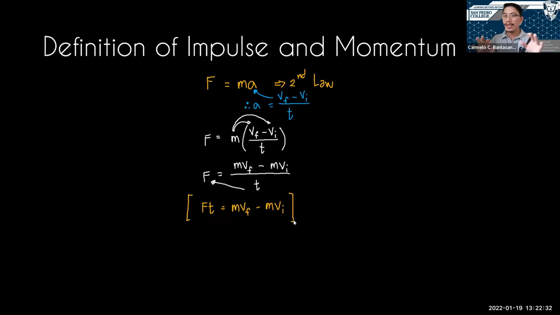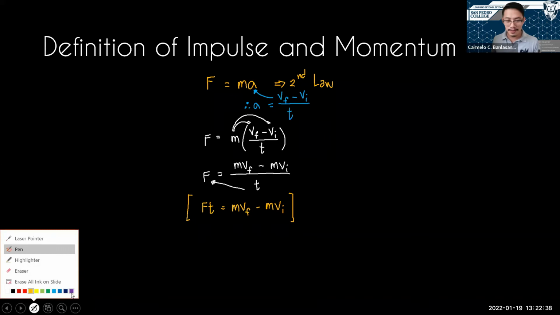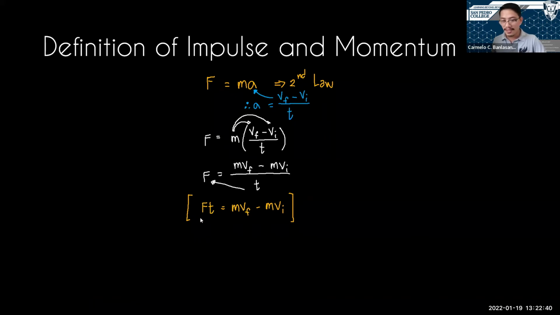So we can name the terms in our equation. For example, this term, force times time. Force times time is known in physics as the impulse. Good? Force times time is known as the impulse.